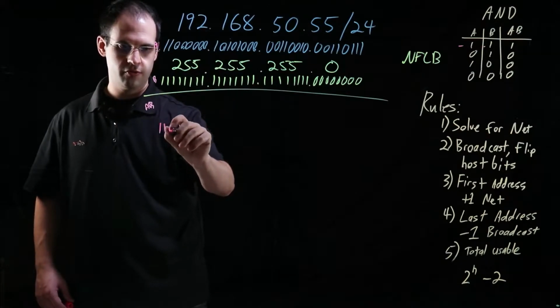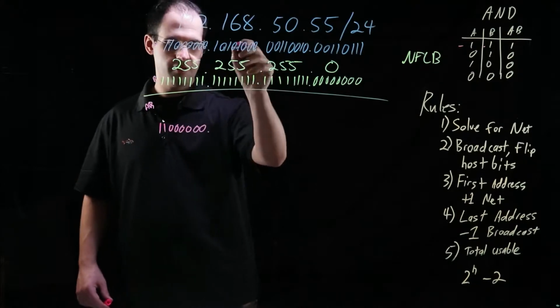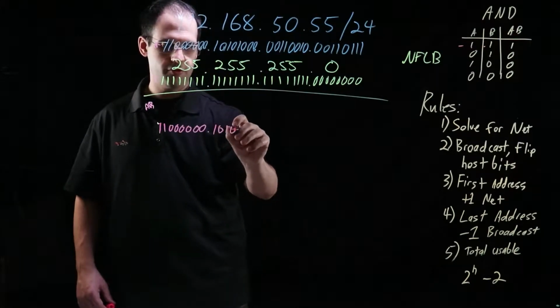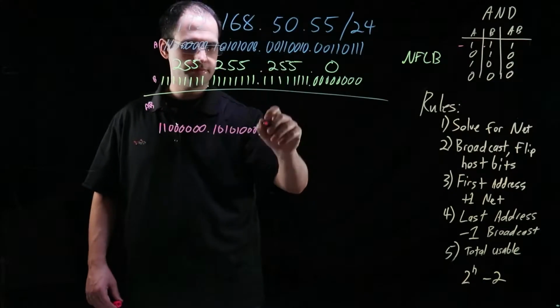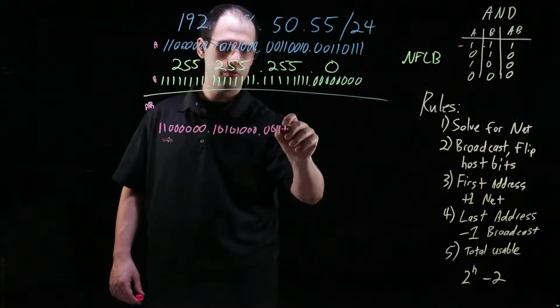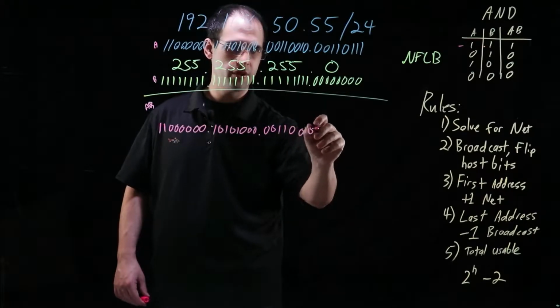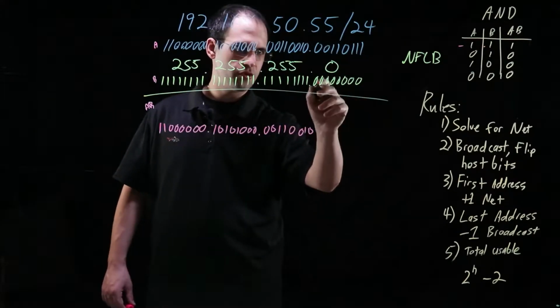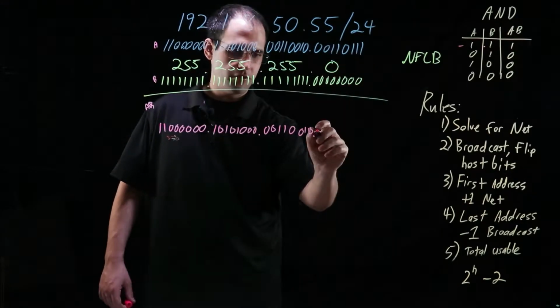So 1, 2, 3, 4, 5, 6, 7, 8. Same thing here. 1, 0, 1, 0, 1, 0, 0, 0. 0, 0, 1, 1, 0, 0, 1, 0. And then this is all zeros here, so no matter what the combination is in this octet, we're going to get all zeros.